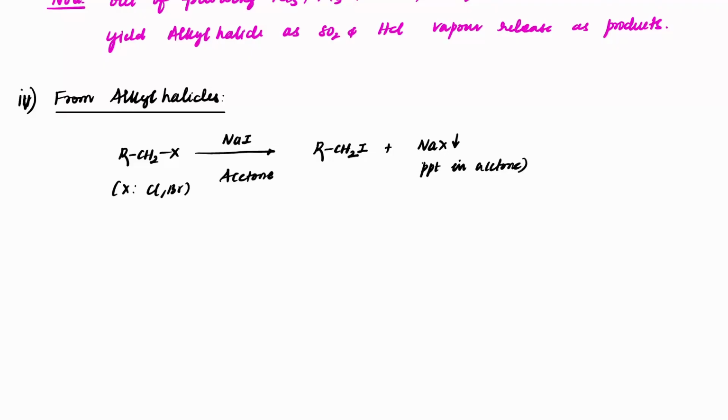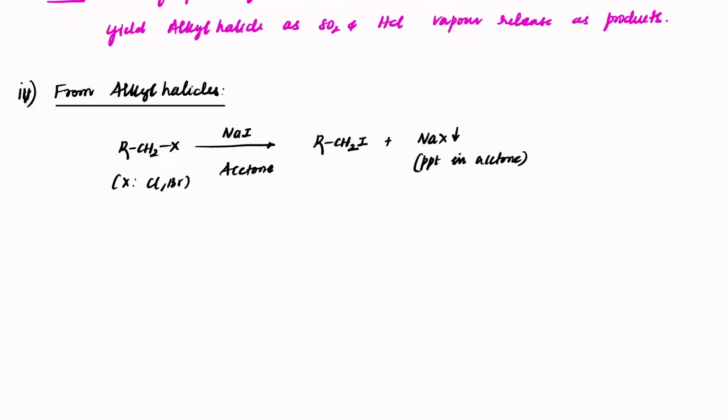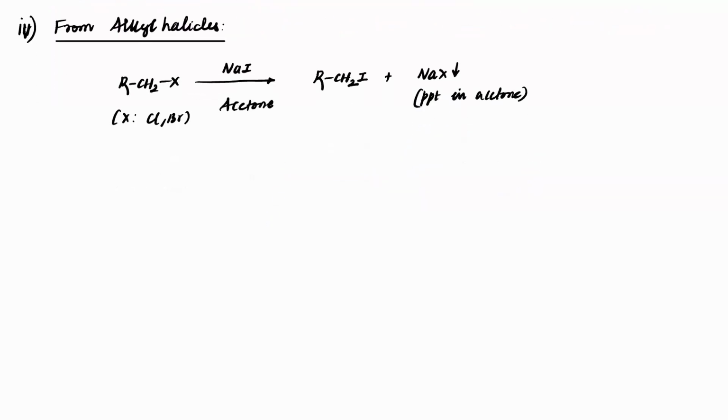And it is this precipitate formation which actually helps in making this reaction happen. Otherwise, iodine is a better leaving group, correct? So this would go in the backward reaction. It should have been more in the backward reaction, but it goes in the forward direction because NaX can form a precipitate here. This is completely an SN2 driven reaction.